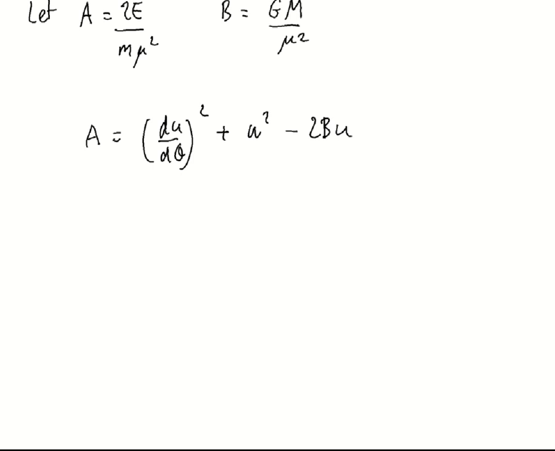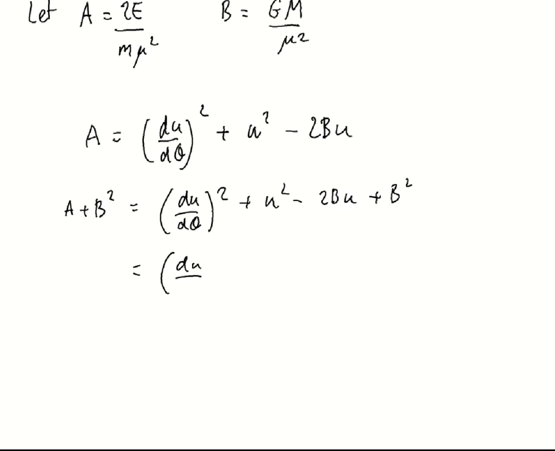And now what do you do? Well, that'd be nice, because what I can do is now just add in the b squared, plus u squared minus 2bu plus b squared, and all of a sudden something nice happens.